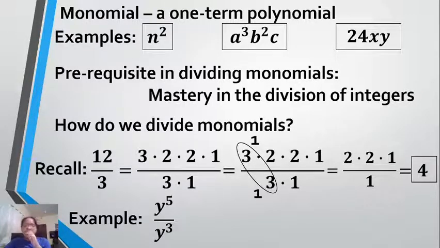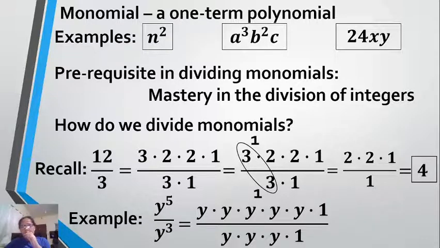For example, y to the fifth divided by y cubed. So how many y's are there in the numerator? There are 5 y's and 3 y's in the denominator. So we always put 1 as a common factor of any expression. Now, how many similar factors does each have? So there's one pair of y, which is equal to 1. Y divided by y is 1.